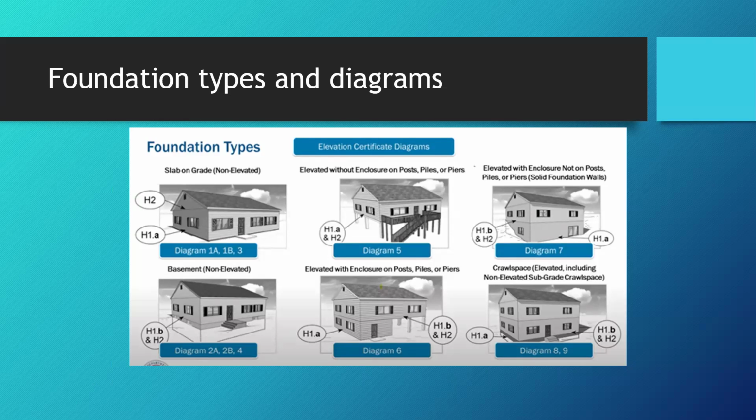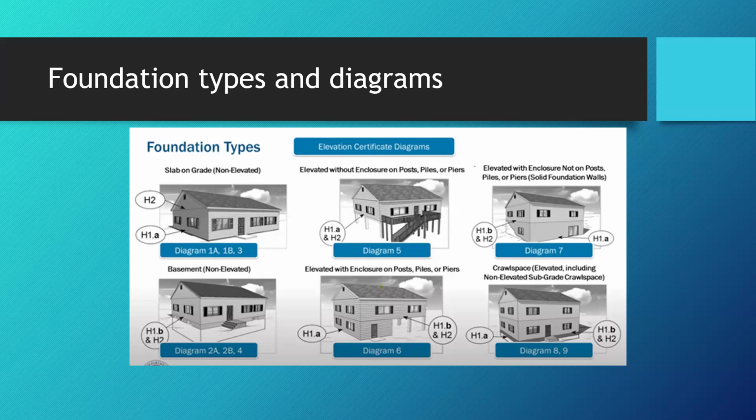So they have the slab on grades combined, as well as diagram 5, which is open on piers, posts, or columns with nothing underneath. It's just completely open. Then 7, the full story enclosure. And on the bottom left, you have the different basement foundations. Diagram 6 is a partial enclosure, and then diagrams 8 and 9 are crawl spaces.